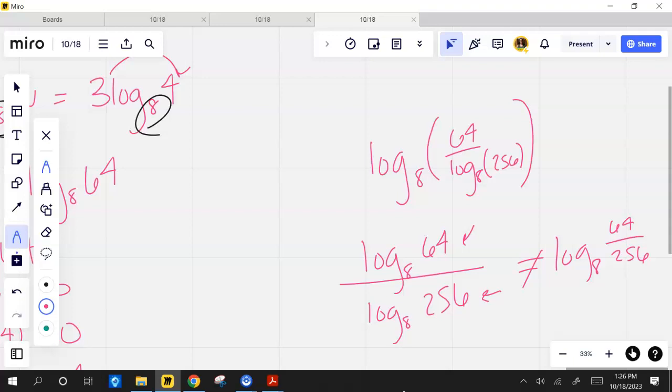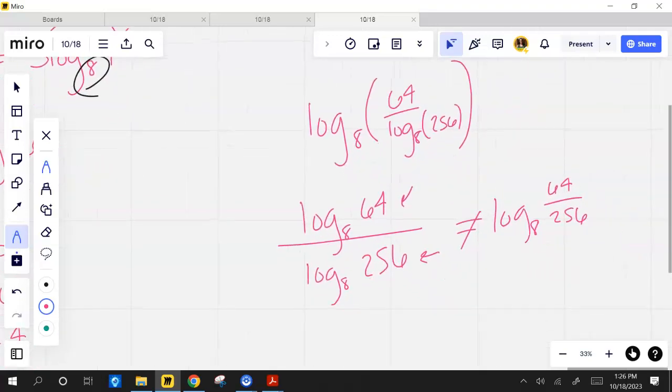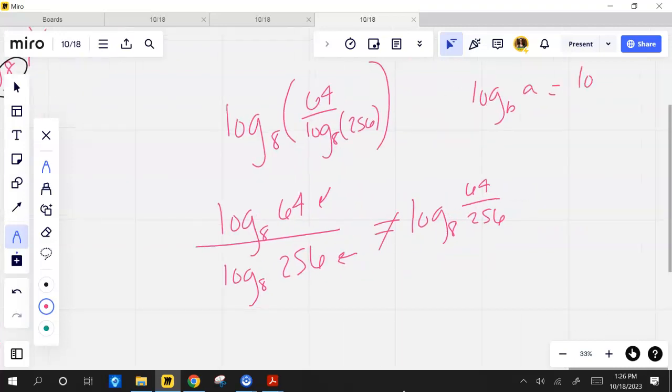I see what you're saying. You're doing the backwards change of base is what you're doing. This would be the same. All right, hold on. I have to think. I have to write. And this could be any number you want it to be. In your case, it's 8. Yes.